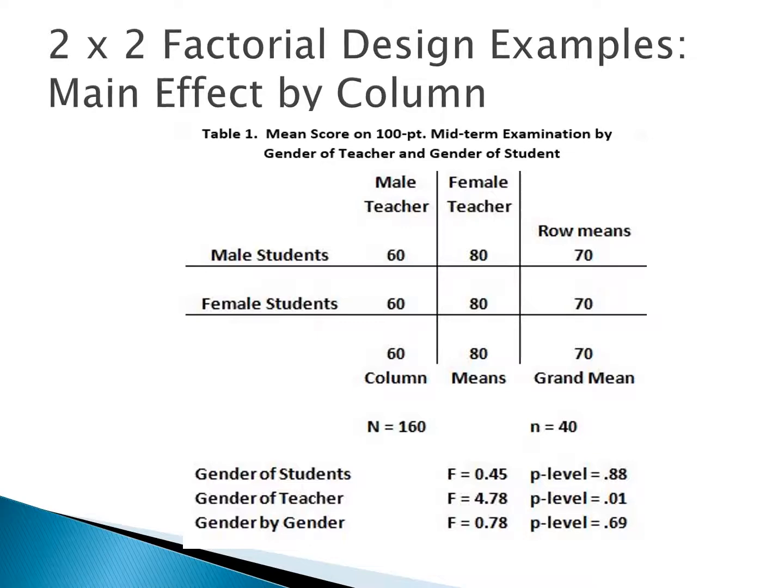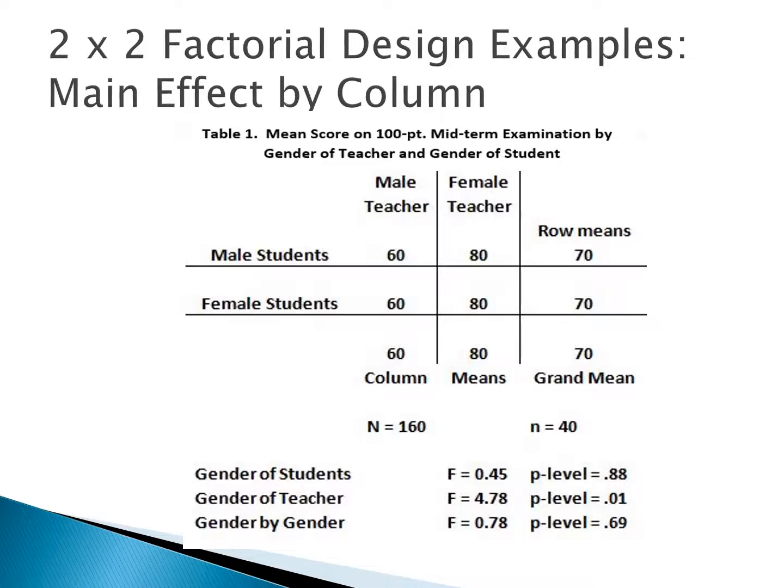The only significant result we see is gender of teacher, which has a P level of 0.01, which is less than the 0.05 threshold. And you can see the F equals 4.78, which is much higher than the other F values that you see, which is another clue.